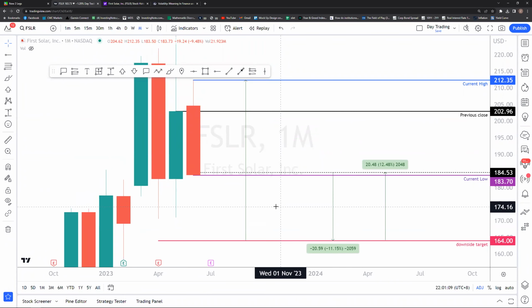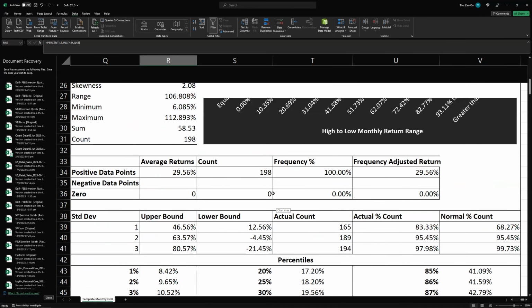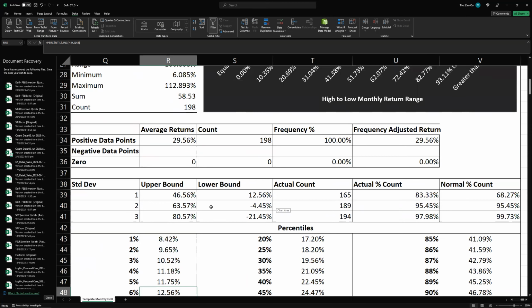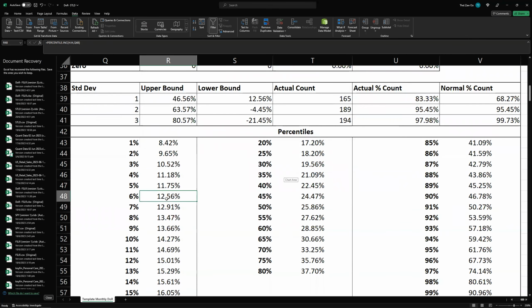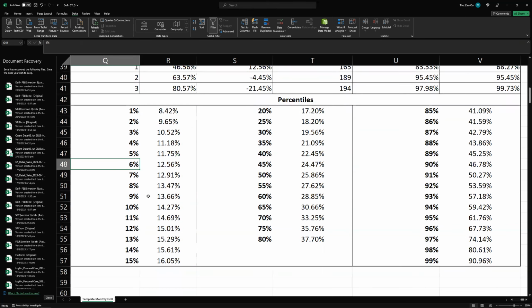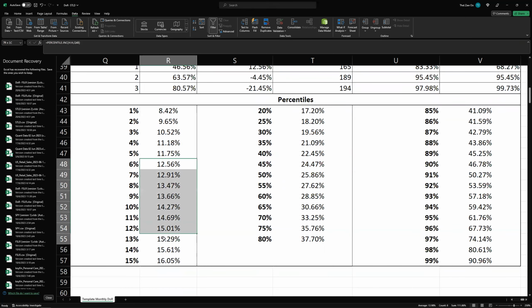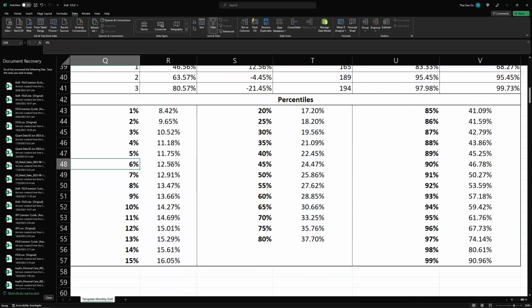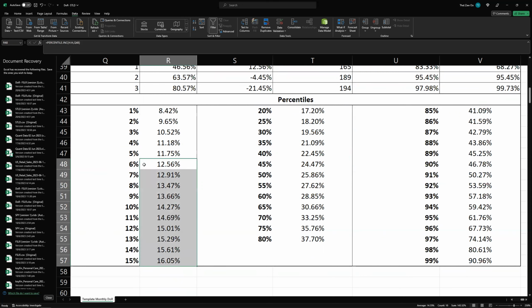But we must not forget something, because high to low is both downside and upside. If we look at this 12% high to low movement, there's a 94% chance because we are looking at 12% or higher, meaning 100 minus 6, meaning 94%. So there's a 94% chance that First Solar can actually move 12% or higher from a high to low perspective.